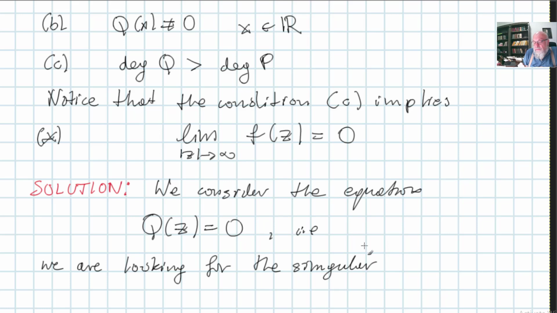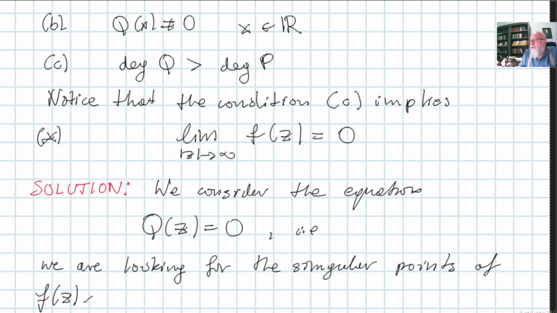All of them will be poles because q is analytic, and the zeros of analytic functions are poles. We are looking for the singular points of f of z.